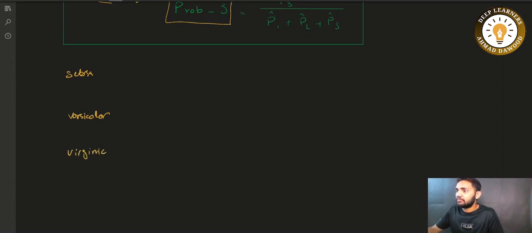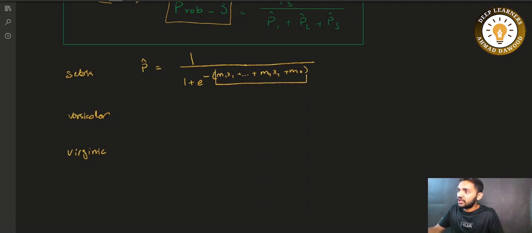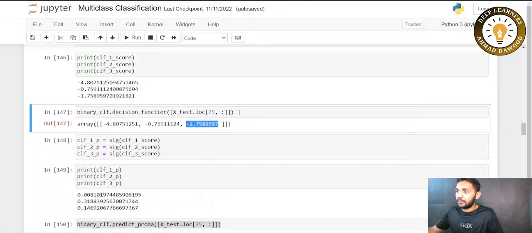Each has the model's equation like this: 1 over 1 plus e raised to minus (m1 x1 plus and so on to m4 x4, plus an intercept). So this is actually the score. We usually consider this as a score, and the sigmoid function of that score is usually considered as a probability. So this decision function actually gives us the scores that I have discussed here.